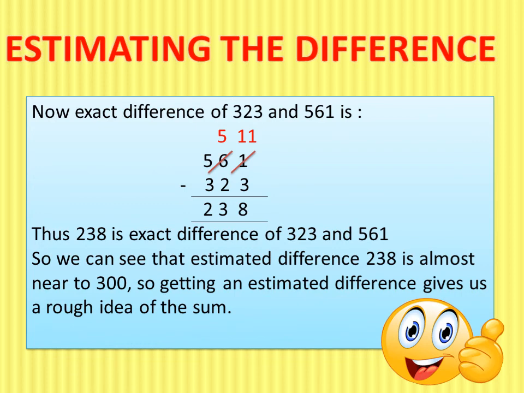And for finding out the exact difference, we will have to subtract 323 from 561. So our difference comes out to be 238. Now you will notice the difference 238 is almost near to the estimated difference. So this is why we use estimated difference, to get a rough idea of the value with more easy calculation.